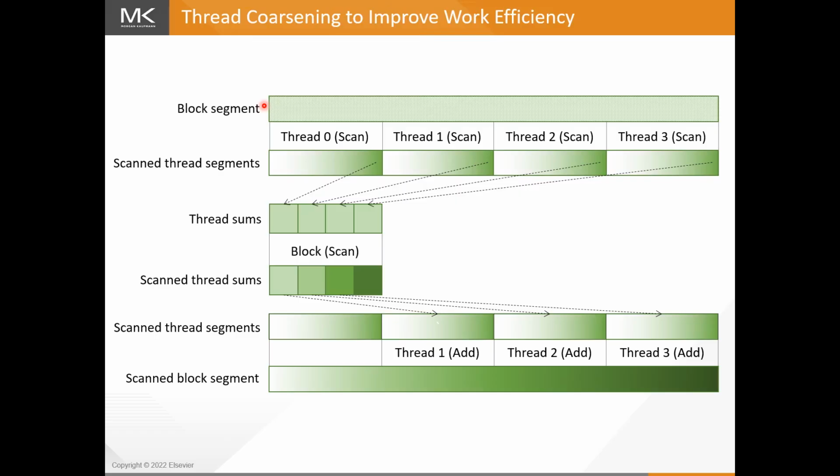Can't we treat the thread sums as another layer of block segment and redo the scan? I don't understand. Do you mean the block scan for the thread sum?